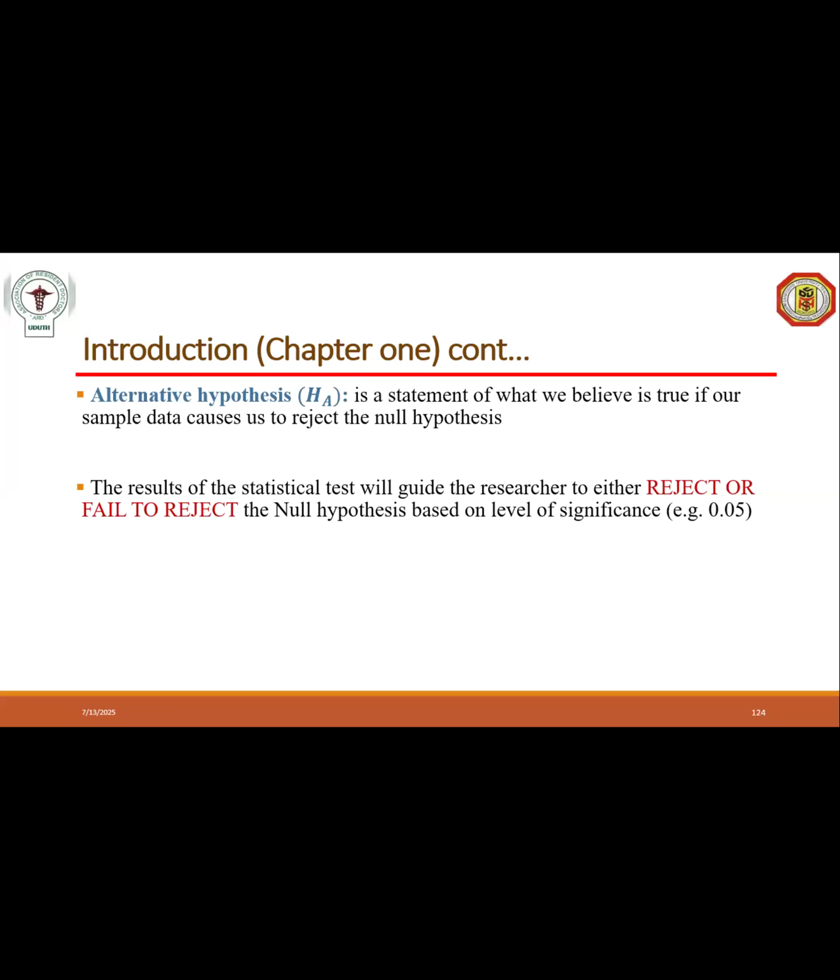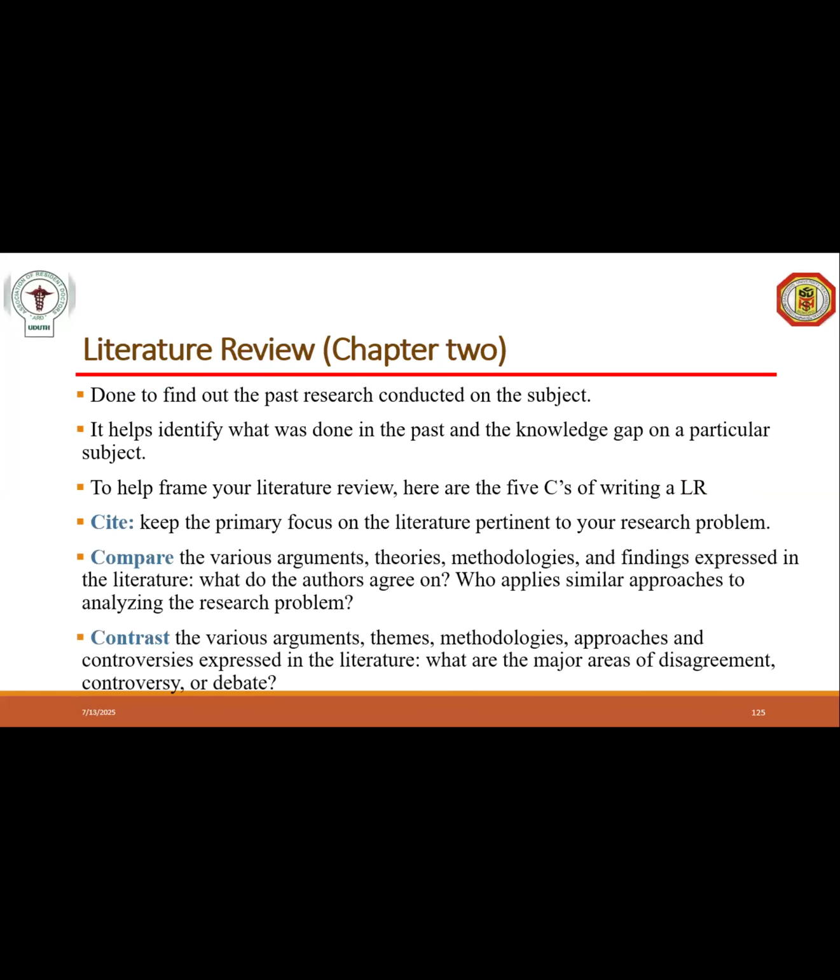And if your statistical test says you should fail to reject the null hypothesis, it means you adopt the null hypothesis and conclude that there is no difference. But if your test says you should reject the null hypothesis, then you reject it and conclude that there is a difference. So that is alternate and null hypothesis.